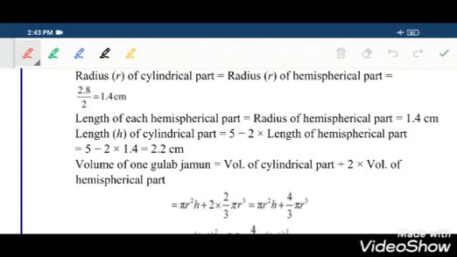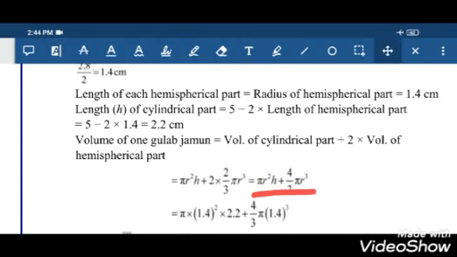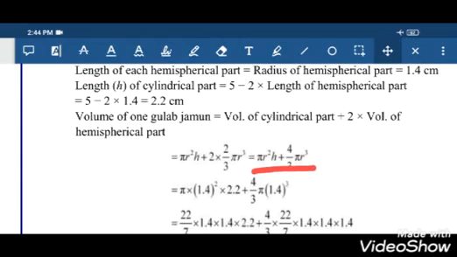Now one by one we substitute the values. Pi we keep the same. r square is 1.4 square, the height is 2.2, and next 4 by 3 pi into 1.4 whole cube.